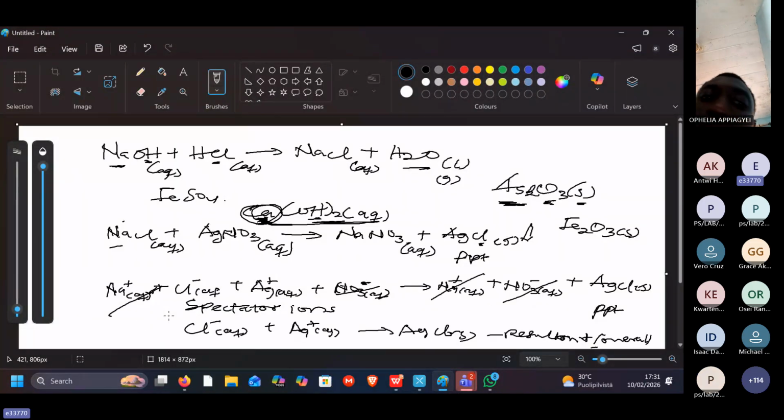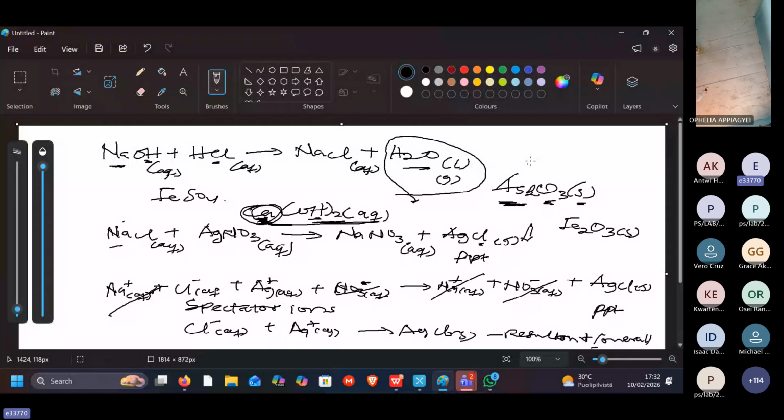Okay, yes. So the sodium chloride, we said it's aqueous because of the sodium and the chlorine too. But why is it that for water, we didn't say that it's aqueous, but we wrote it as liquid? Aqueous means that it can dissolve in water.